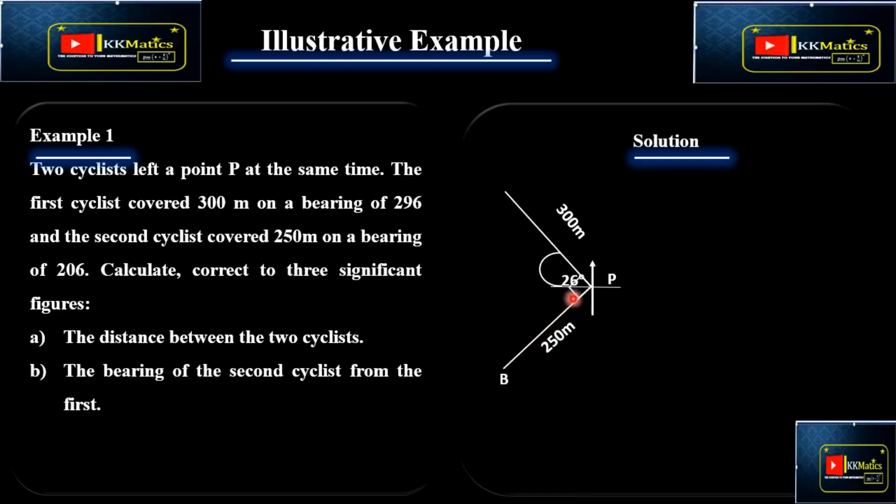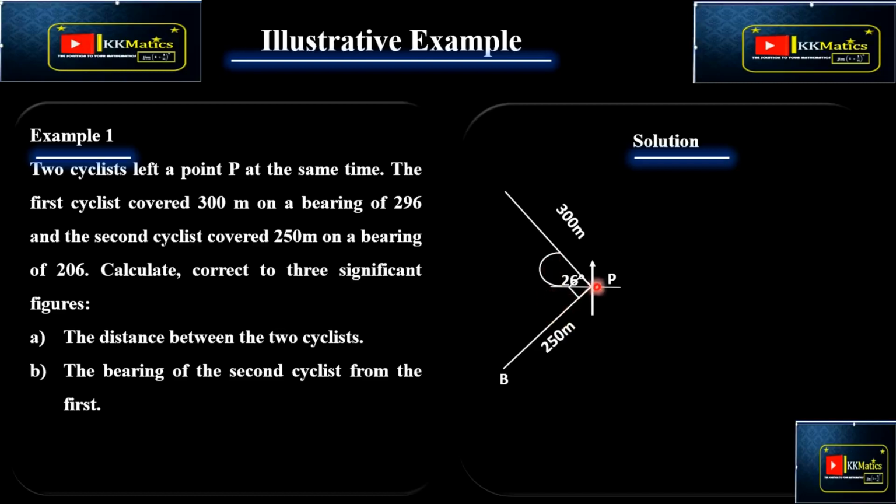Considering the 26 degrees, and the 206 degrees, we subtract 206 degrees from 270 degrees.